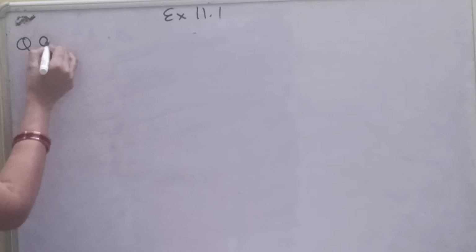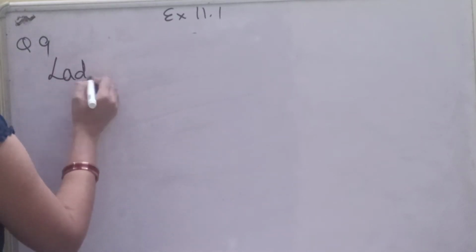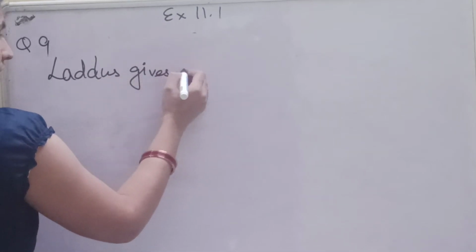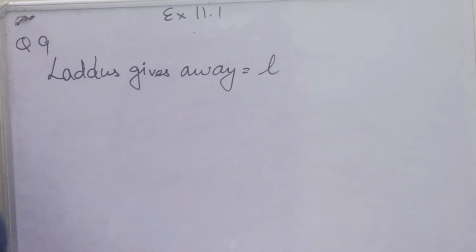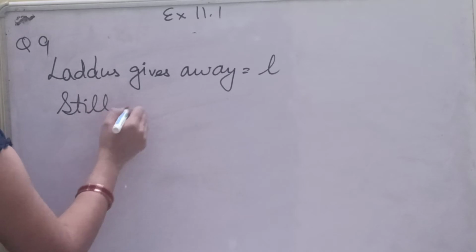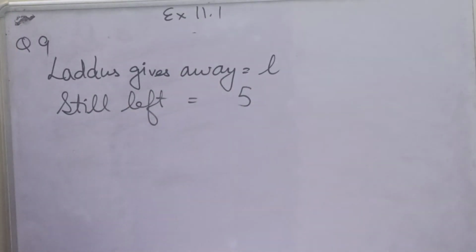So for question number 9, laddus given away to relatives and family members, that is L. Still left after distribution, that is 5 laddus.